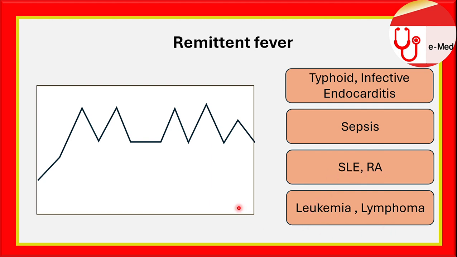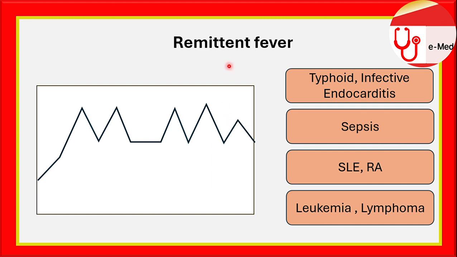One thing to remember here is that the fluctuation in temperature is more than 1 degree Celsius and it doesn't touch the baseline. Another important thing here is one disease can have different patterns of fever, like sepsis I mentioned here in remittent fever, but sometimes it can also cause continuous fever, so nothing to get confused with it. So that's all about remittent fever.